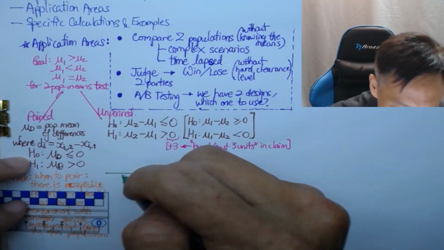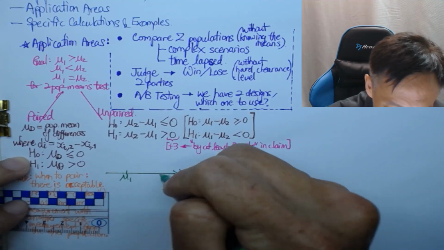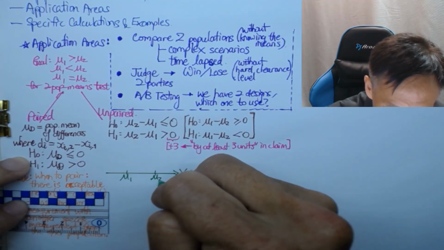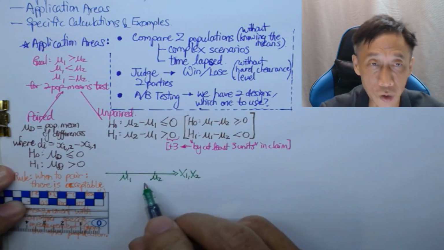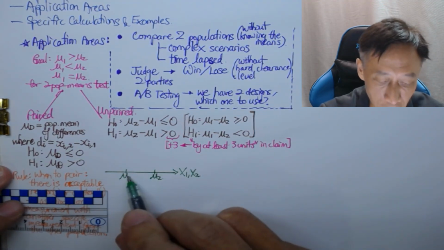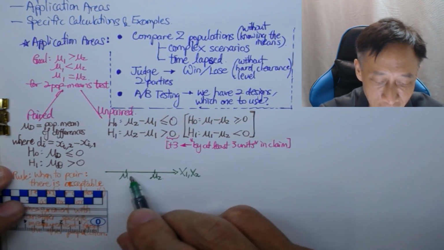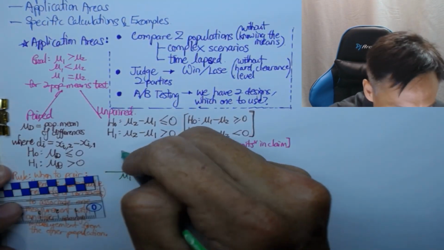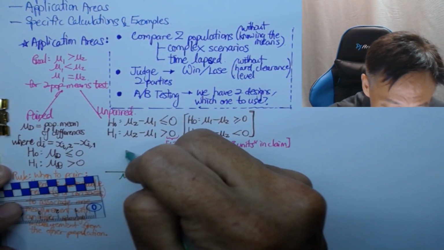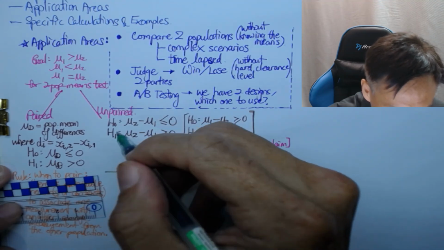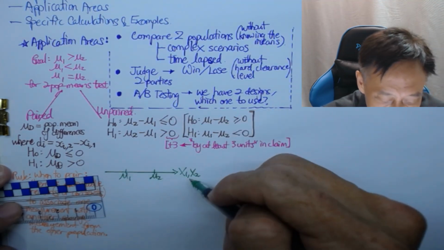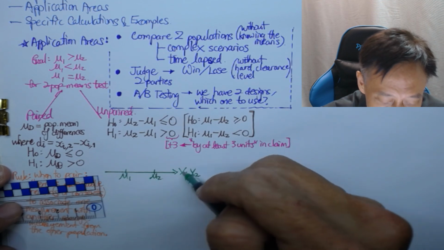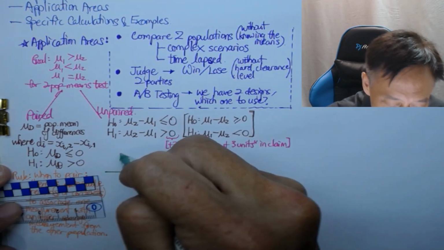There is a mean, mu1, and there's another mean, mu2. I draw them apart just to illustrate. So this could be 0.01, this could be 100,000. I'm not going to label them, but just to illustrate that there are two means.